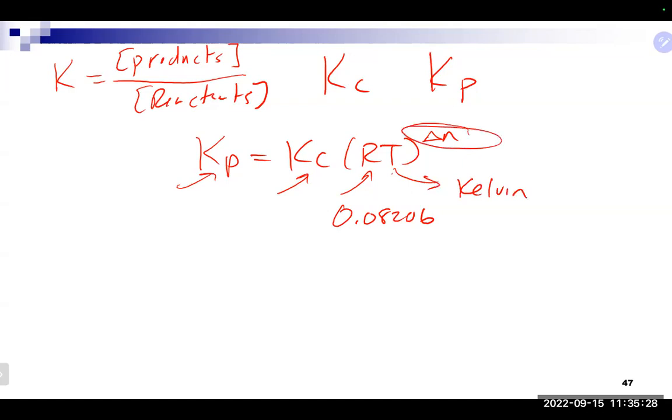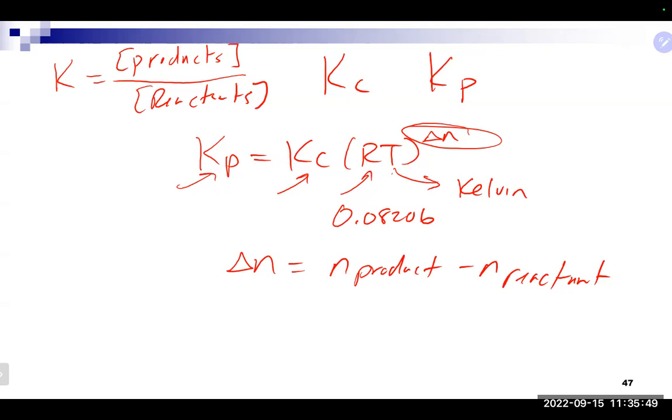And once again, as we talked about a number of times, we do want to take the moles of our product minus the moles of our reactant. Remember, it is just gases we're dealing with, so it's got to have a g next to it to be a gas.